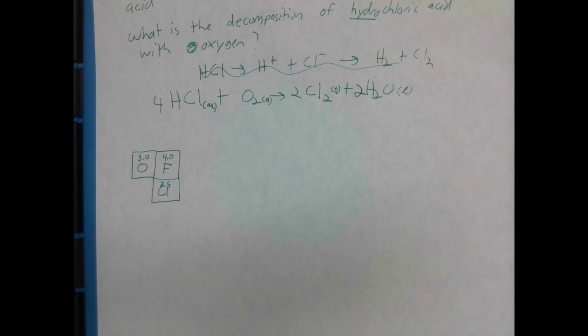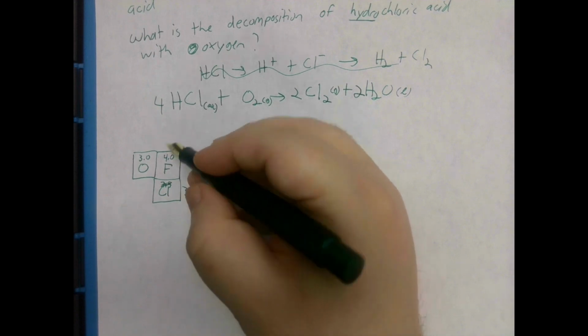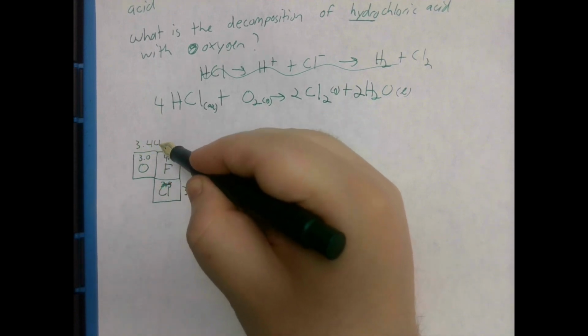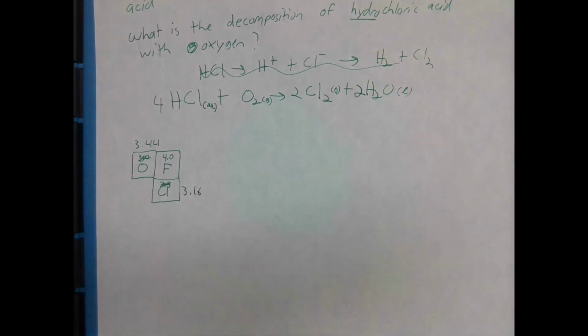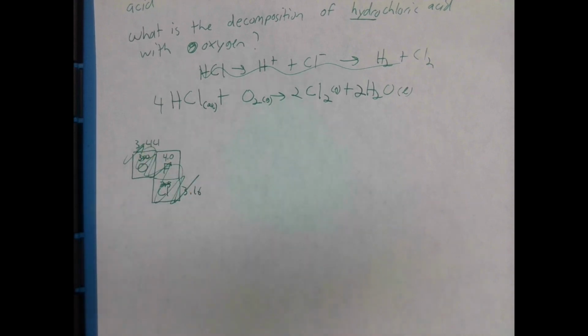I don't have my periodic table with me. Chlorine is about 3.16. Oxygen is 3.44. I had it backwards. And that's a bad analogy already.